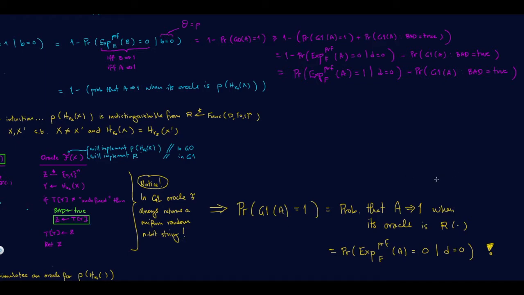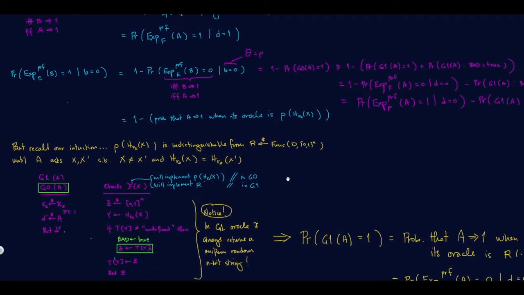So, right, we got to this point, and notice we're looking pretty good now, because what do we want to do? We wanted to capture B's ability to win its PRF game against E in terms of A's ability to win its PRF game.